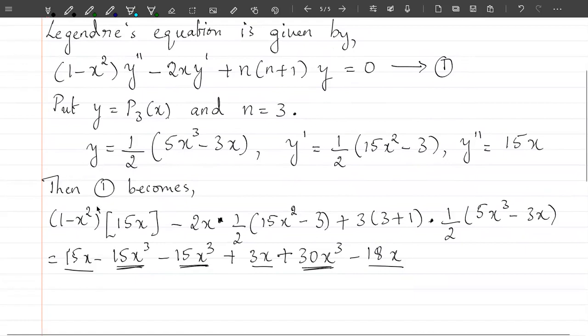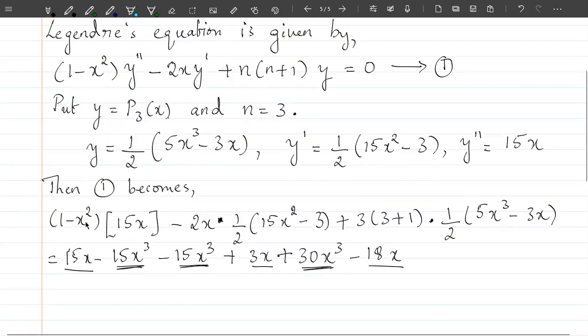When you put the values in equation 1, you get 1 minus x square, y double dash is here 15x, minus 2x into y dash, which is 1 by 2 into 15x square minus 3, plus n into n plus 1, but n here is 3, so 3 into 3 plus 1, that is 4, into y, which is 1 by 2 into 5x cube minus 3x.